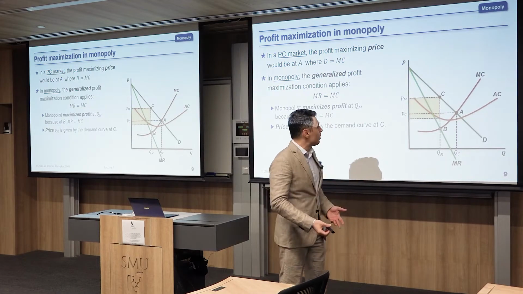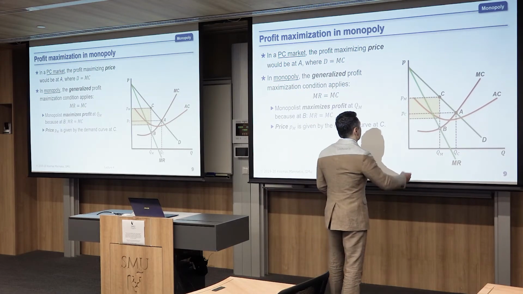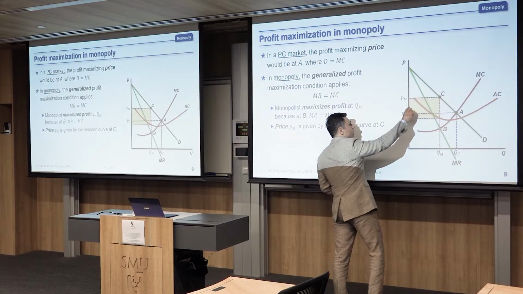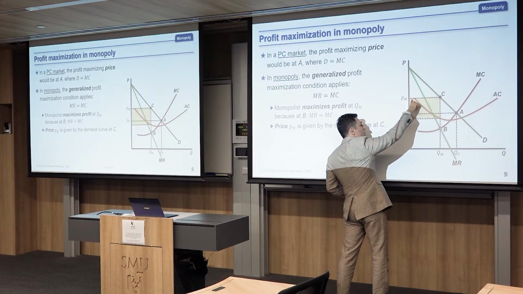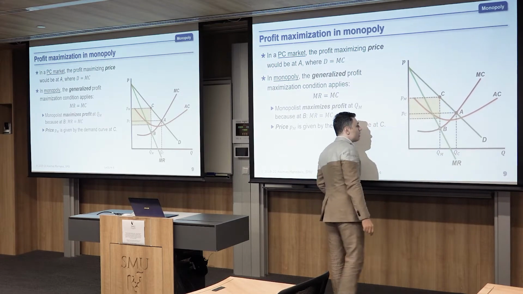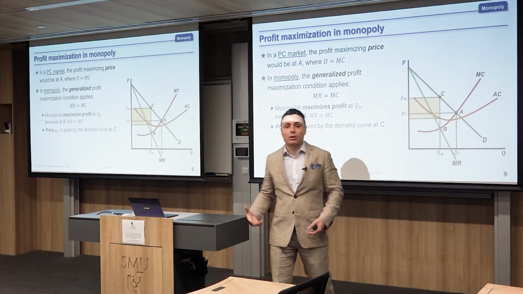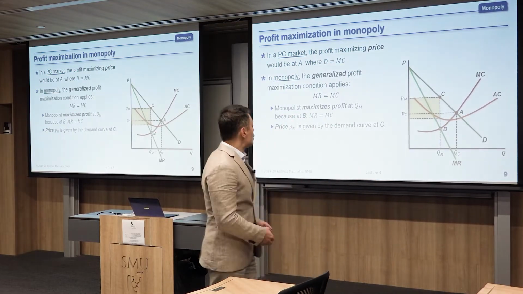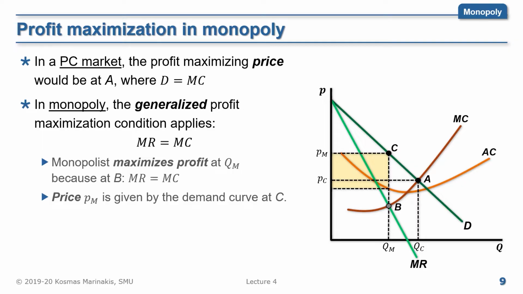So the monopolist gets price PM, and the cost is down here. You take the cost per unit and multiply it by the units, and therefore you receive the total profit of the monopolist, which is this very light orange color that shows you the profit under the monopoly.